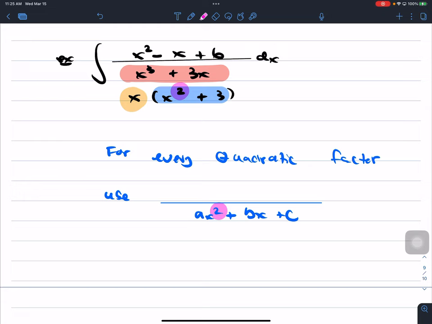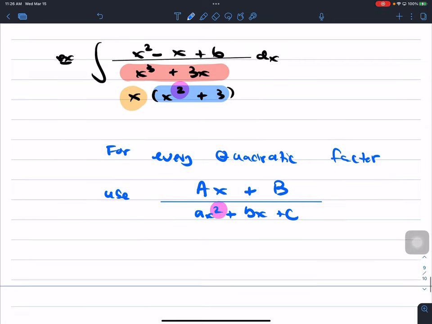So now, here's the deal. The top term is a linear term. So for every quadratic factor, in this question there's only one, you're going to use this ax plus b. And you're going to have to find the values of a and b.